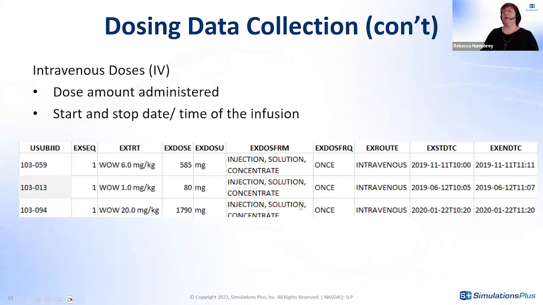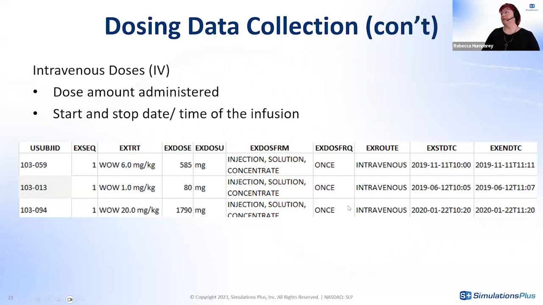So this is an example of an EX data set for IV dosing. It's representing 3 subjects with a single dose. In this case, the start date time and the end date time are representative of the infusion start and stop time. And the EX dose is the volume, and we have a little bit more information about what treatment each subject was on.